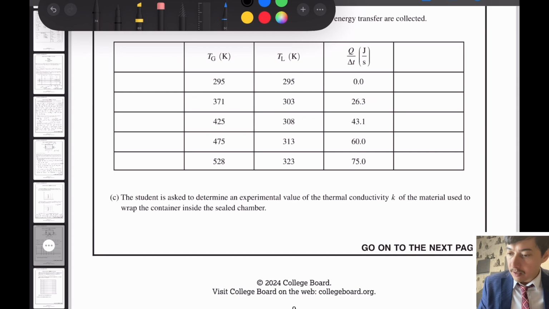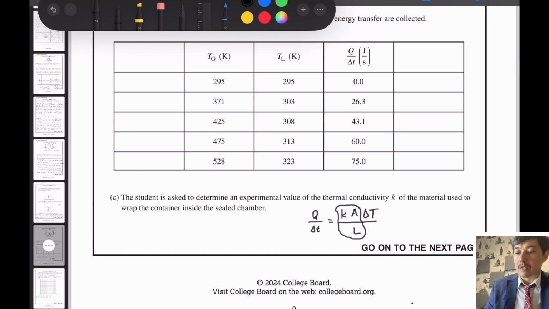The energy transfer rate Q over change in time is equal to, from the formula sheet you can see, if you don't remember this equation, conductivity times the area times the temperature difference over thickness L. Now here all these three quantities are constant. What is left is energy transfer rate and the difference in temperature.